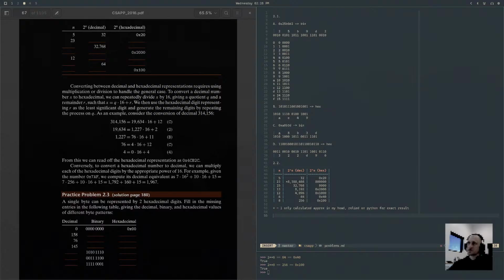It says 2 to the 0, 1, 2, 3. 7, 6, 5, 4. Would this be 11 or 9, 8? We'll do it like that.